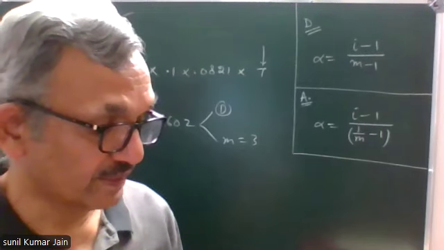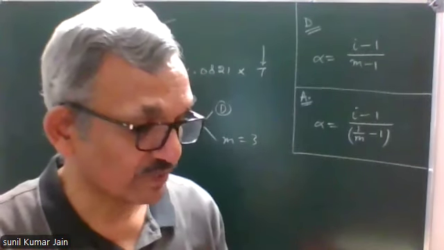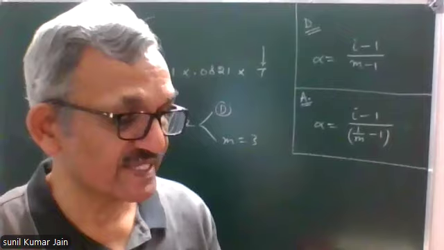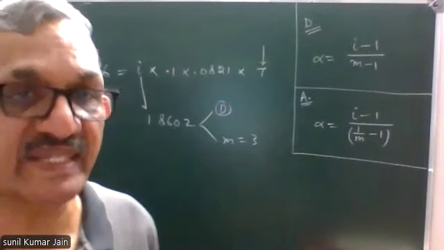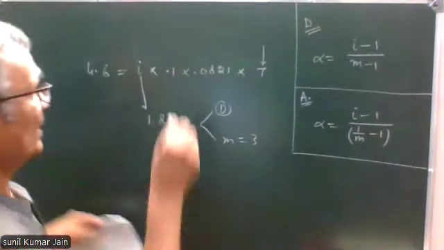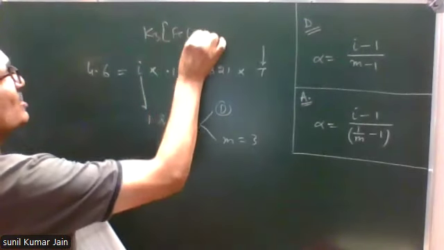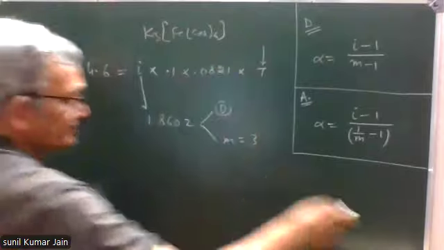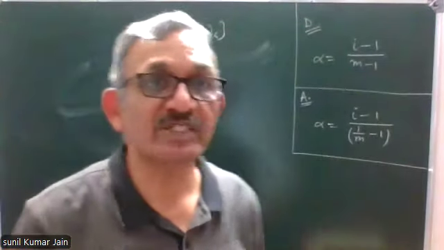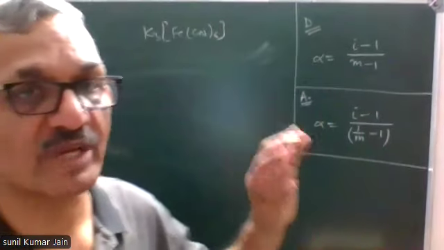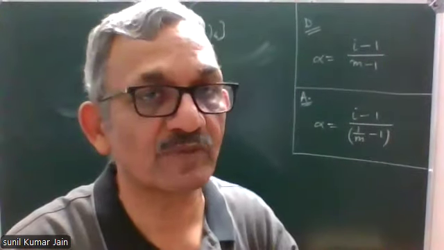Fourth, a 0.01 molar aqueous solution of K3[Fe(CN)6]. This is potassium ferricyanide. Let me tell you about this. K3[Fe(CN)6]. There's a complete chapter on this type of compounds in your syllabus. These are called coordination compounds.